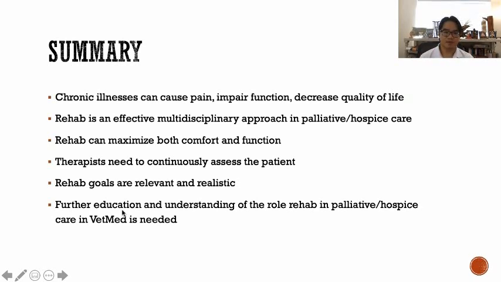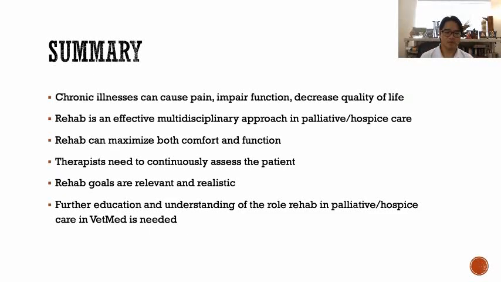So in summary, palliative care and hospice care is pretty much unavoidable in veterinary medicine, especially as patients get older, or when patients have cancer or chronic diseases. They always cause some impairment for the patients. It could be pain, it could be impaired function, and most importantly, it's going to decrease the quality of life of the patients.